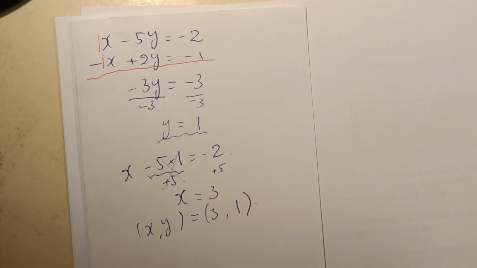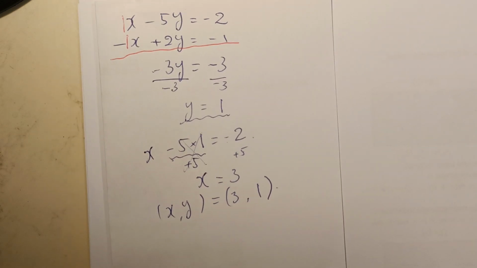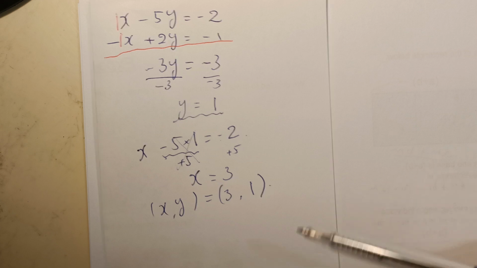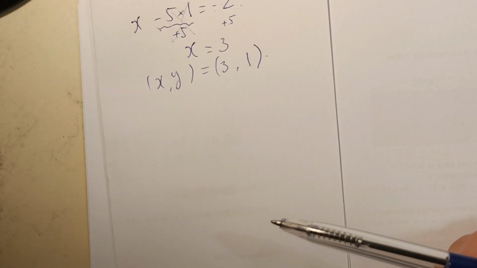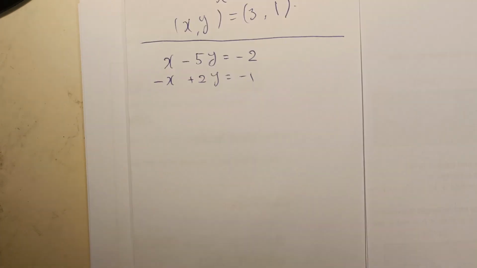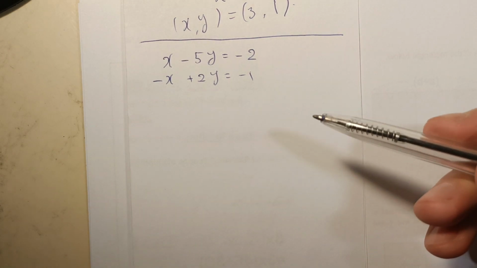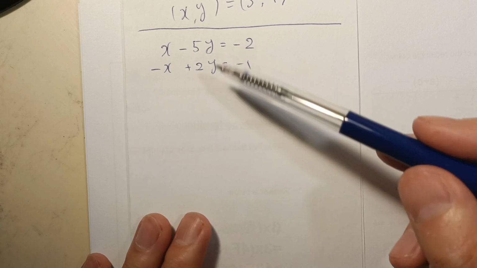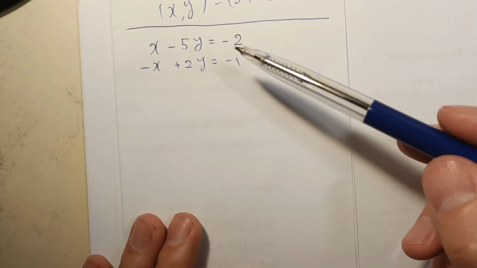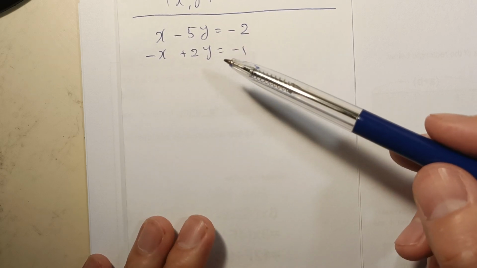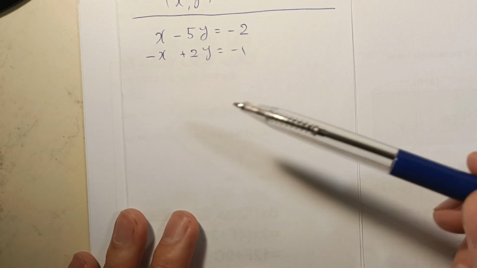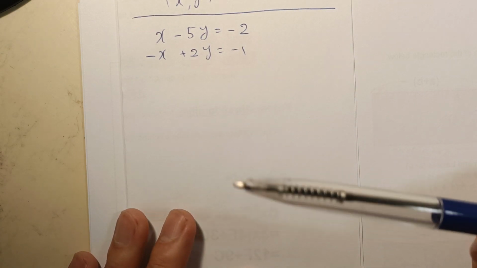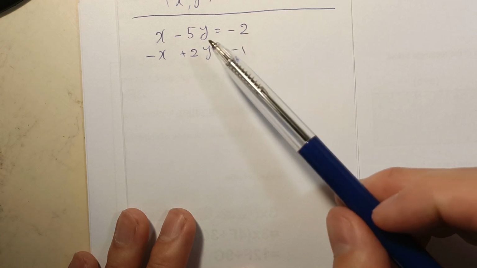I will show you the substitution way as well. Okay, I will copy the same thing down here as well. There are two main methods for high school to solve simultaneous equations. If you go to uni, you can use matrix to solve this question, but I'm not going that far this time.